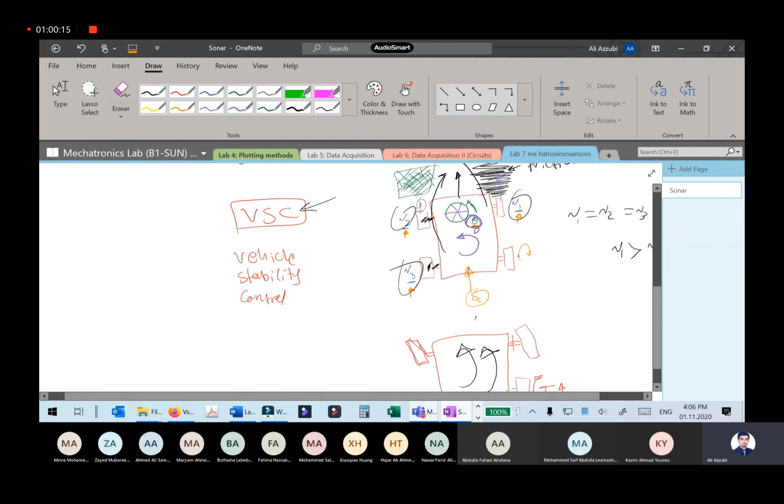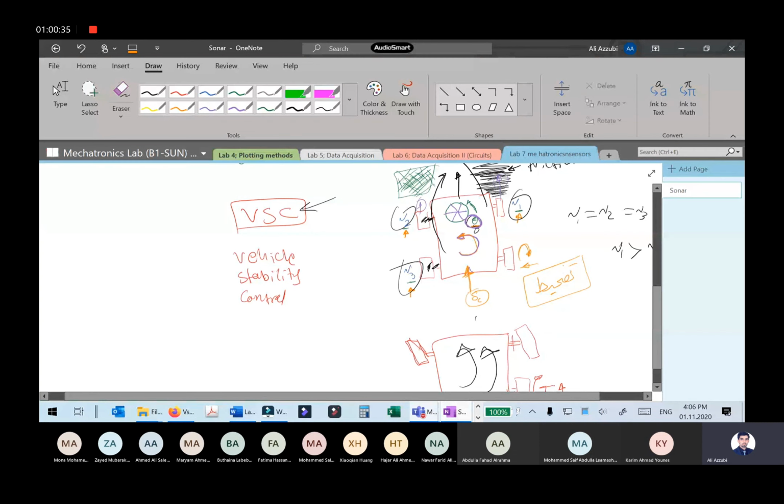For example, if the speed of this wheel goes very, very high, and the car is not moving forward as it's supposed to, this means you have wheel spin.